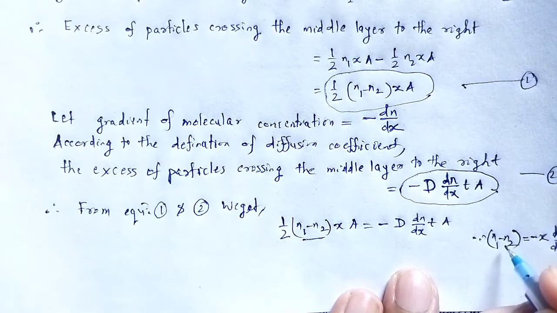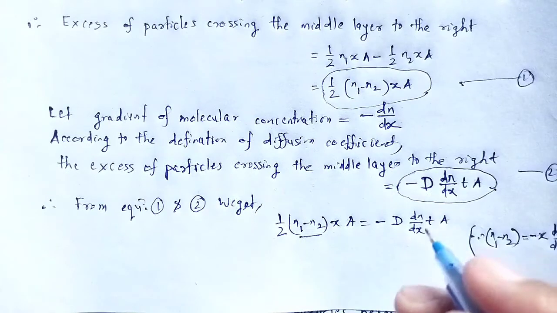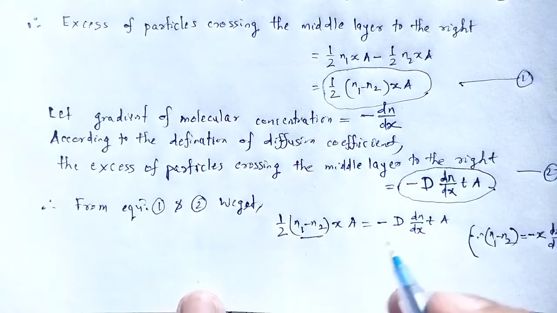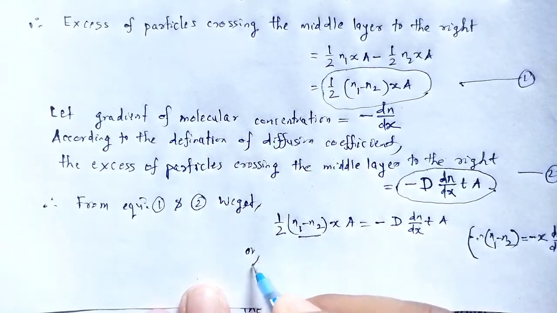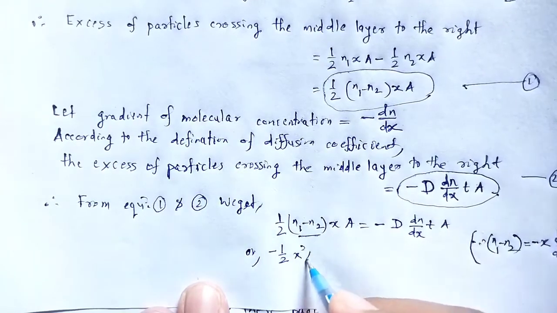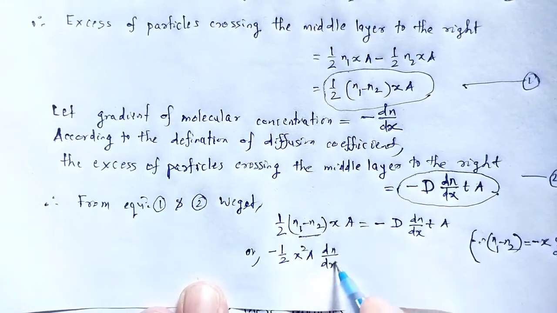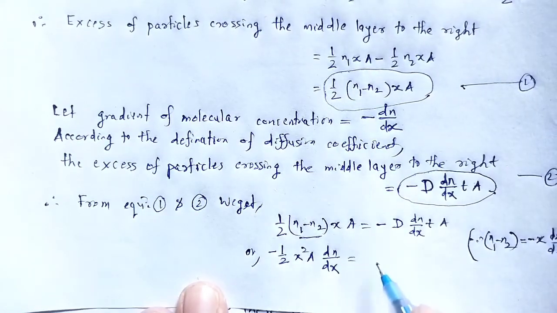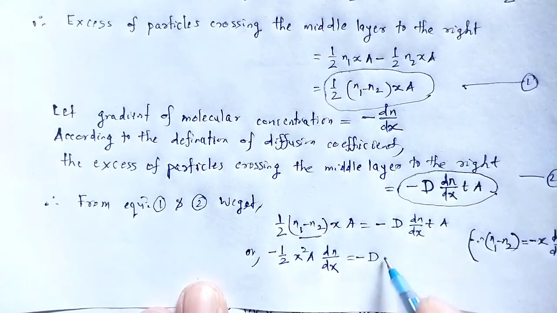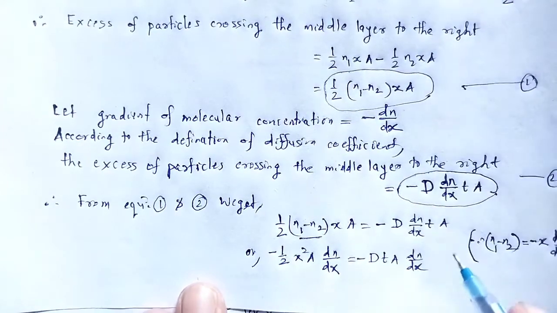Putting that here, we have minus half x square A dN by dx is equal to minus D t A dN by dx.